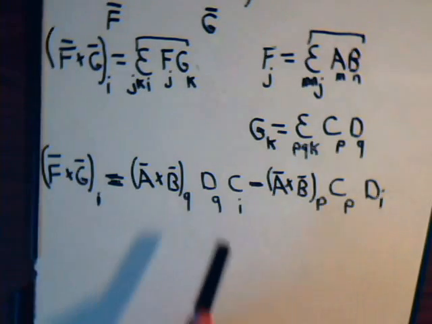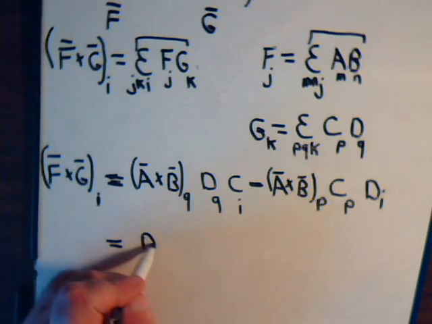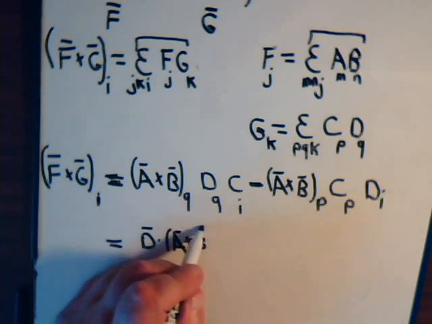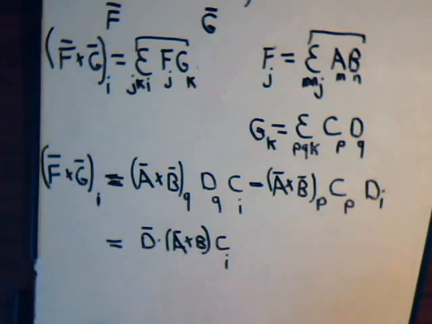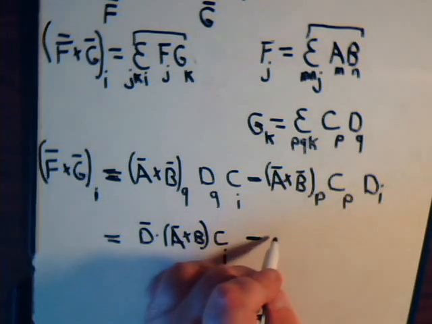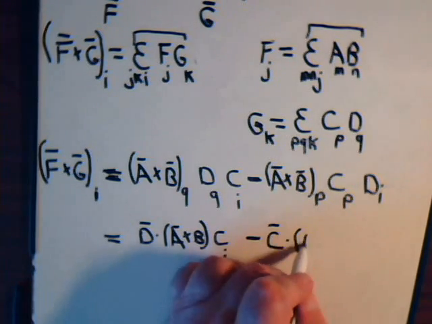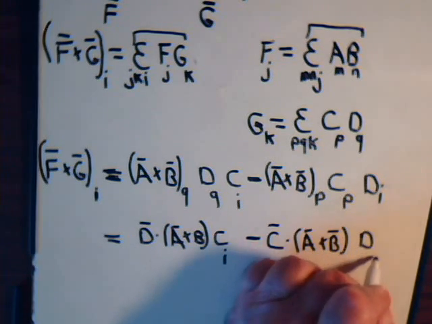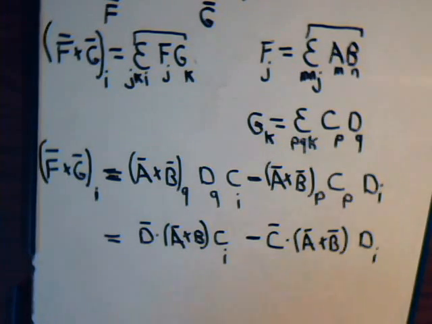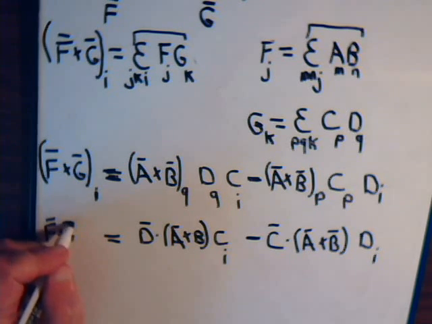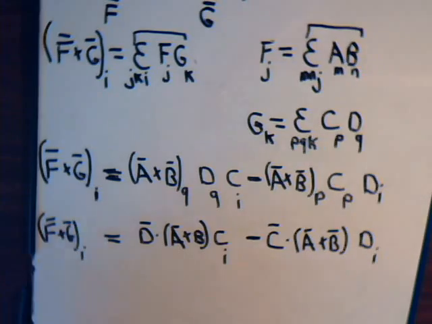And this is component form for D dot A cross B, times CI, minus component form for C dot A cross B, DI, and that equals the ith component of this.